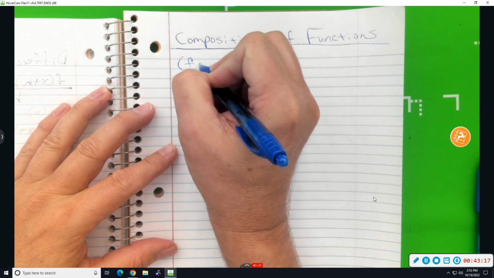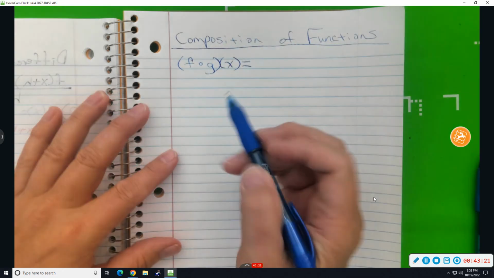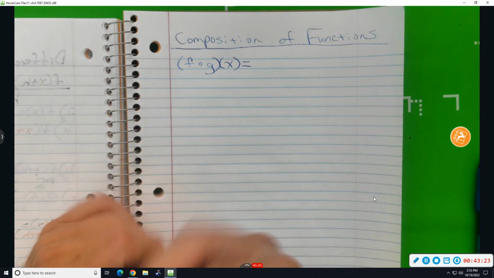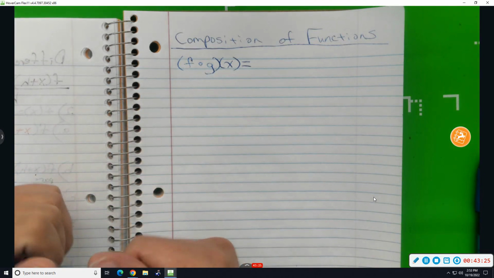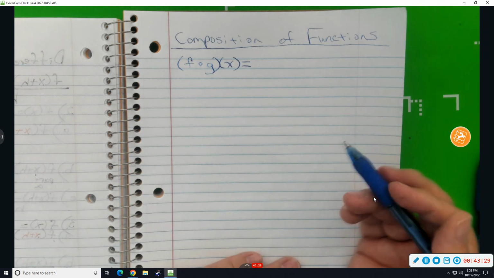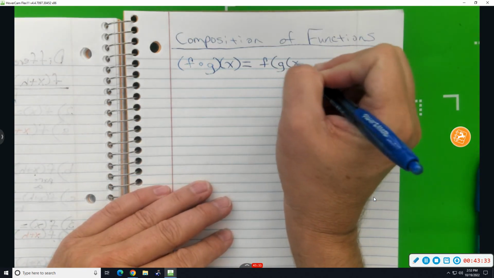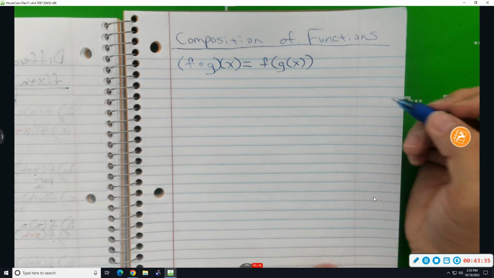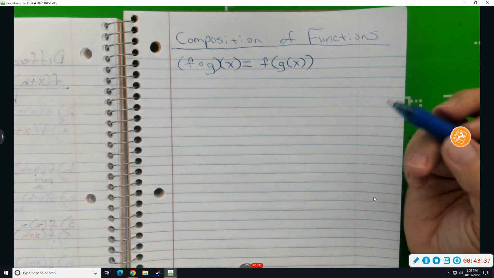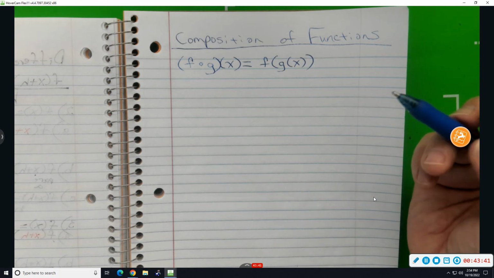F composed with g of x. They use a little o. It looks like the word fog. F composed with g of x is defined to equal f of g of x. Composition is really just repeated function notation.